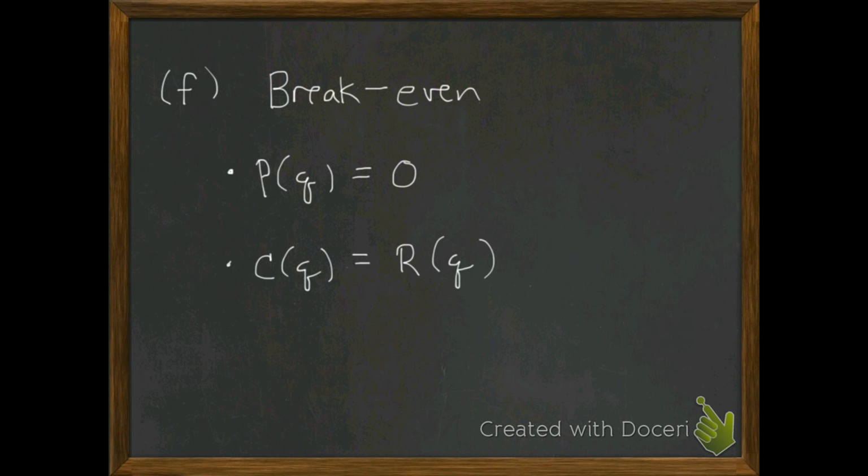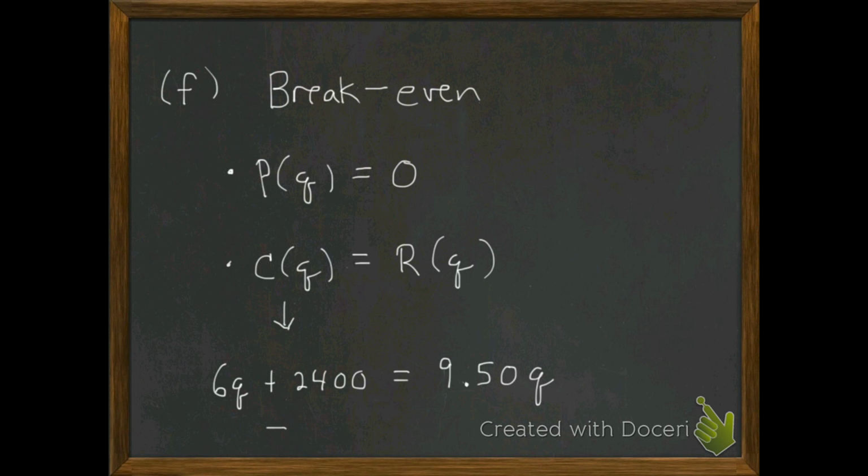Well, we know that our cost function was 6Q plus 2,400, and our revenue function was 9.50Q.